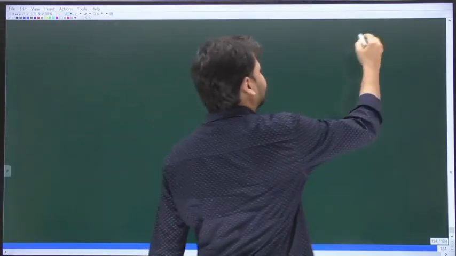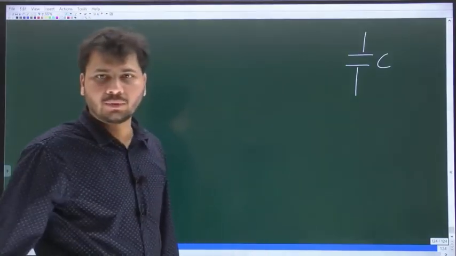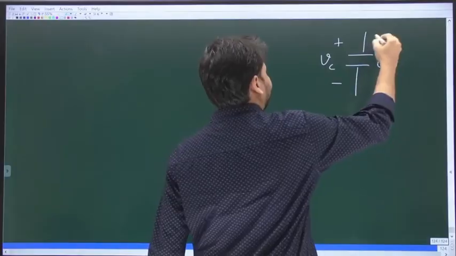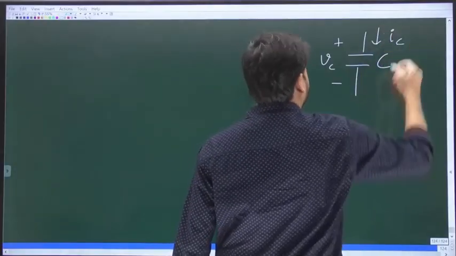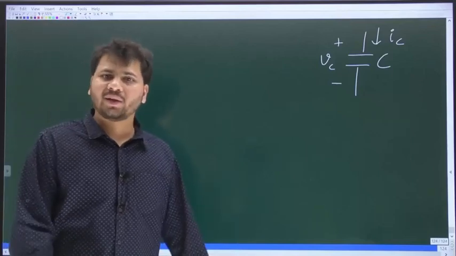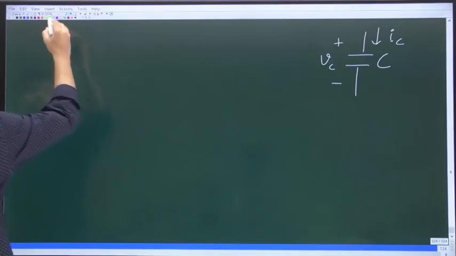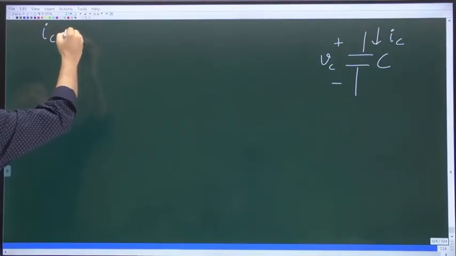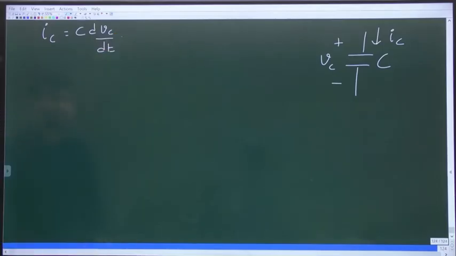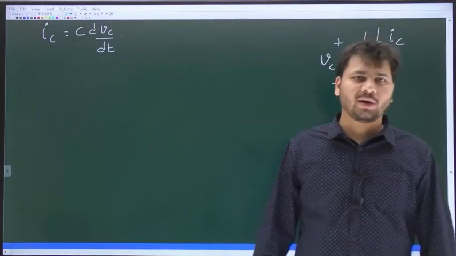So once again, let's say we have a capacitor of value C, across which the voltage drop is Vc, and the current through the cap is some Ic, and we already know Ic equal to C dVc by dt.